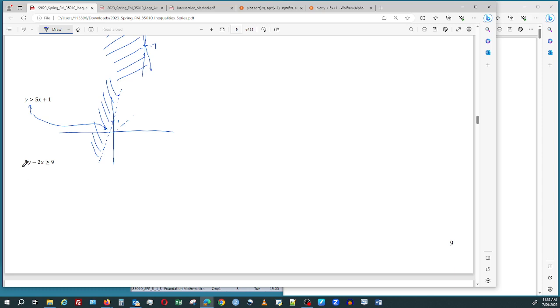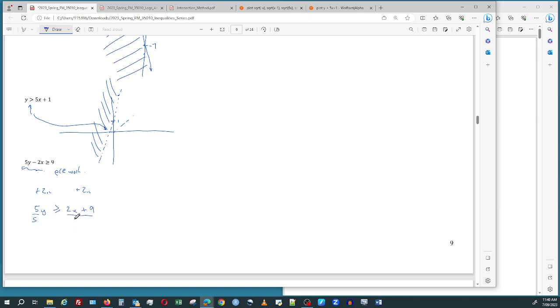So the general form needs to be modified so that we can have y. So we've got to do a bit of pre-work to understand what that means. Okay, so we would add 2x. What you do to one side, you do to the other. So 5y would be greater than 2x plus 9. Now that's more looking like it.